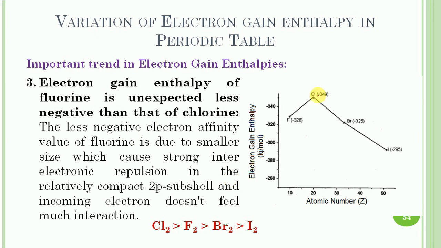So instead of fluorine, the maximum electron gain enthalpy is shown by chlorine. The actual trend for the halogens is chlorine having the maximum, then fluorine, bromine and iodine. It is due to the smaller size of the fluorine atom and inter-electronic repulsion in this case.